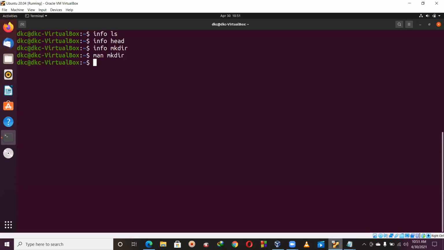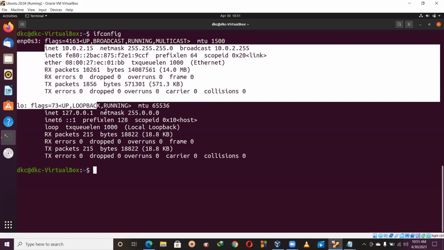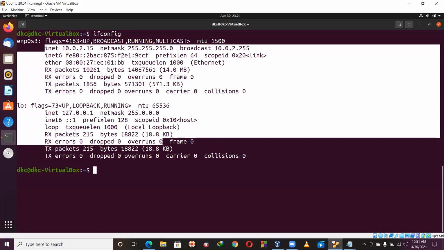For example, suppose here I'm typing ifconfig. What happens? It gives us all the information about networking: the IP address of my system, wireless address, Ethernet address, netmask, broadcast. It gives you all the necessary information related to your network. Got it, all of you? It is clear, students?